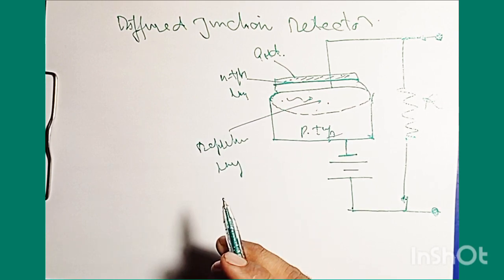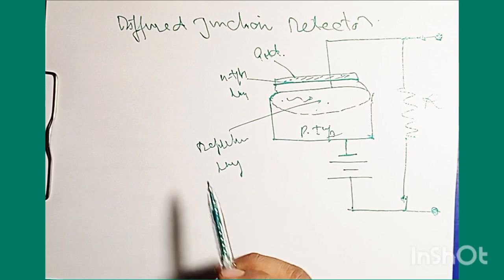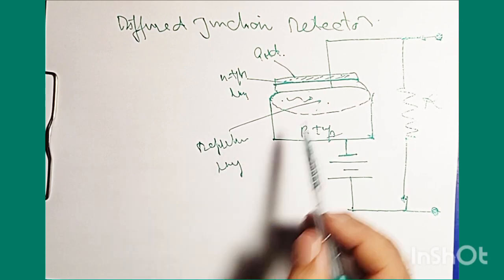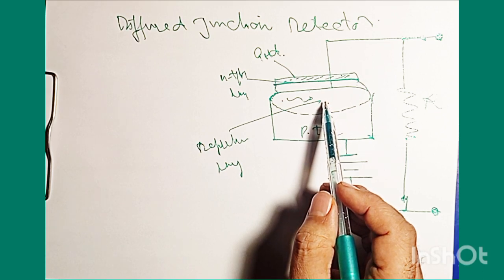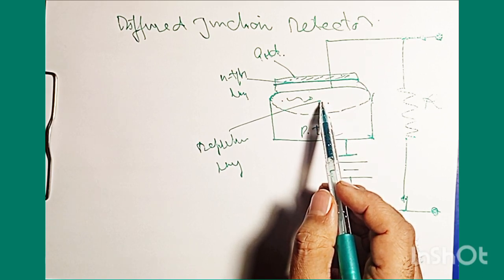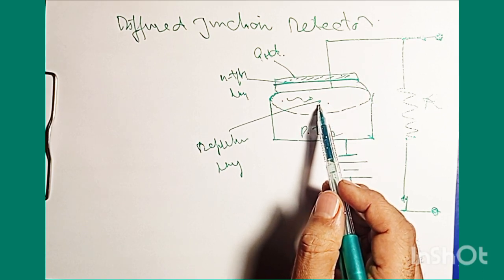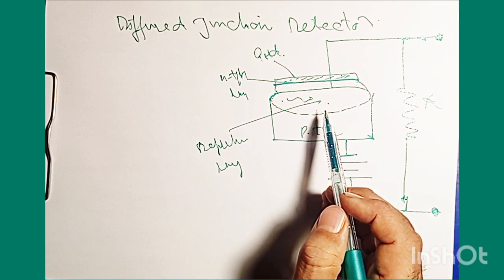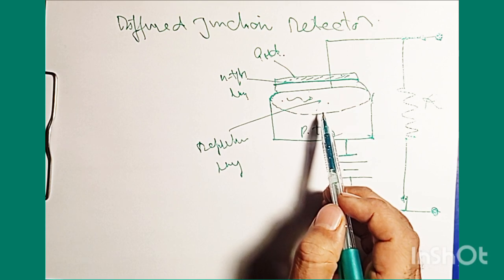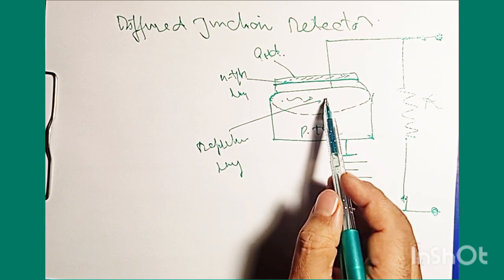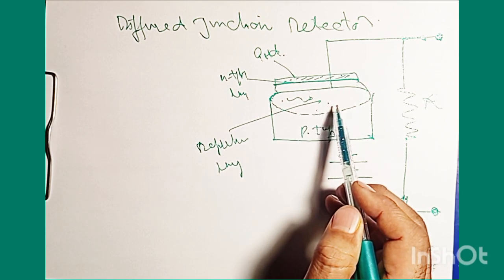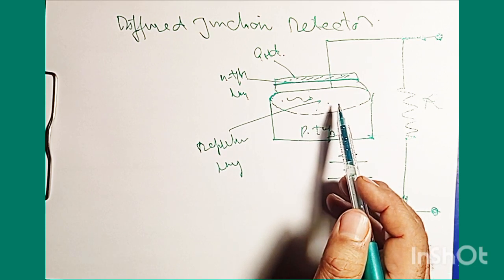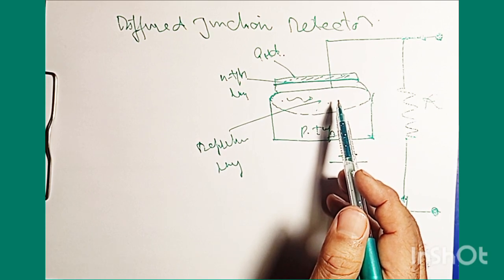Now these detectors have advantages. The number of charge pairs produced in the semiconductor material is approximately 10 times as large as the number of ion pairs produced in gas ion chambers. So electron hole production is very large in comparison to the ion pairs produced in a gas chamber.